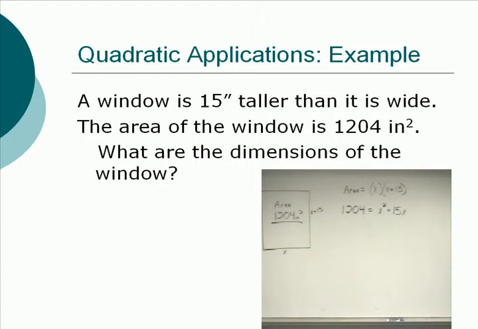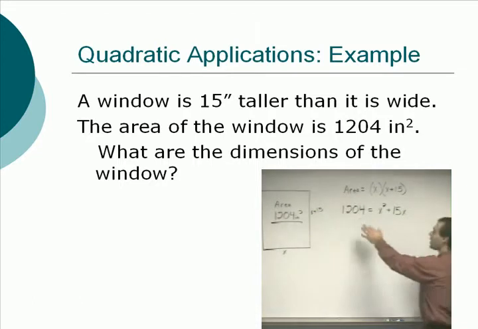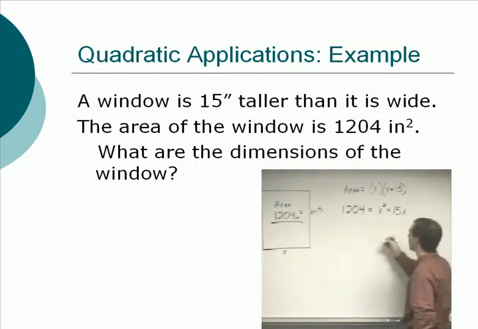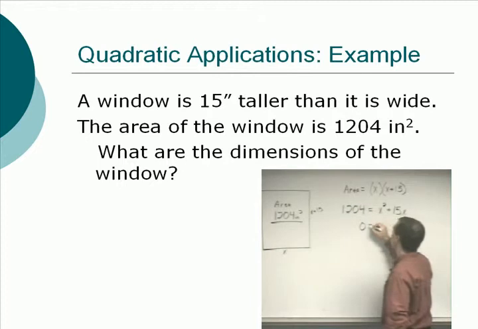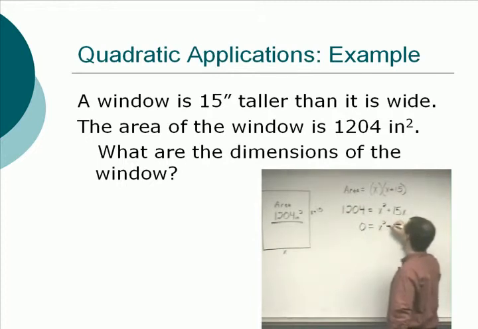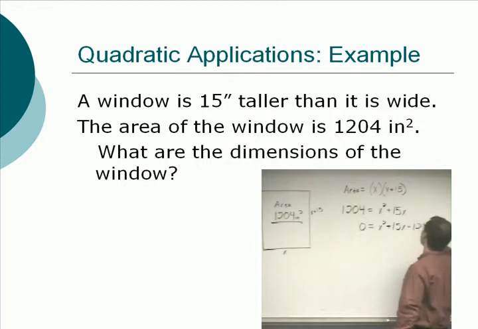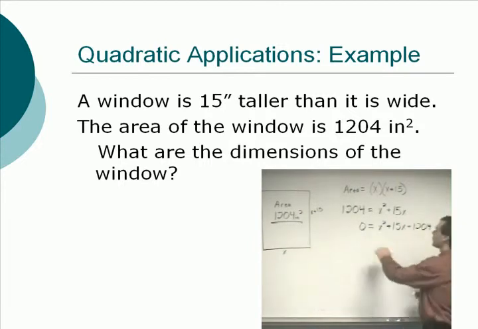You can either use quadratic formula, or what's the 4th method? You can factor. Okay, so let's shift everything. Either case would require that they be set equal to 0. So this quadratic becomes 0 equals x squared plus 15x minus 1,204, and that's equal to 0.